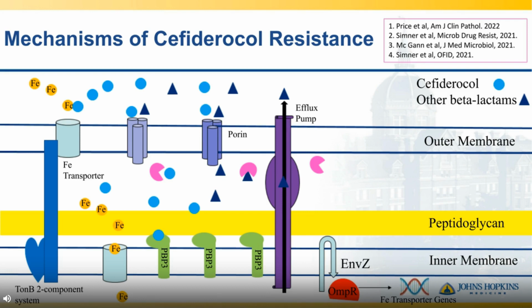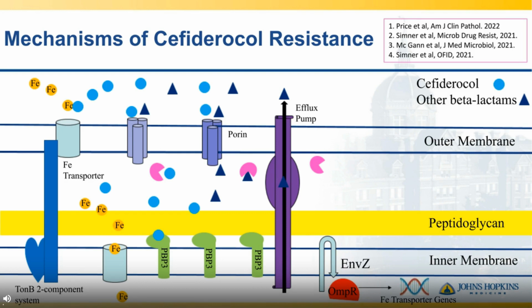When it chelates to the iron on the left-hand side of the slide, it will then allow for entry through the iron transporter into the periplasmic space, where it will disassociate from the iron molecule and then be able to bind the green PBP3 depicted here and disrupt cell wall synthesis.